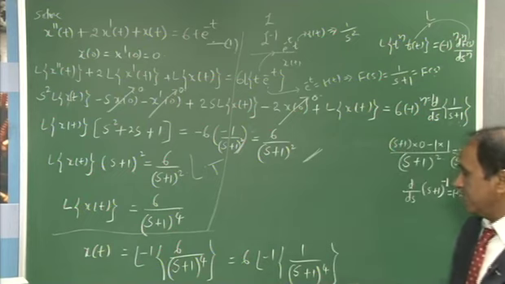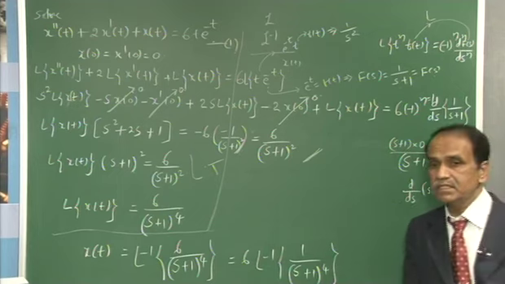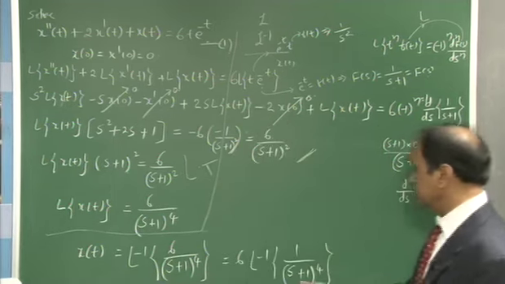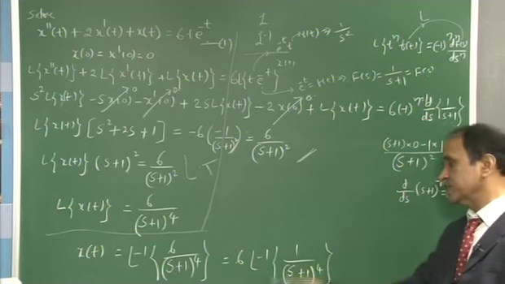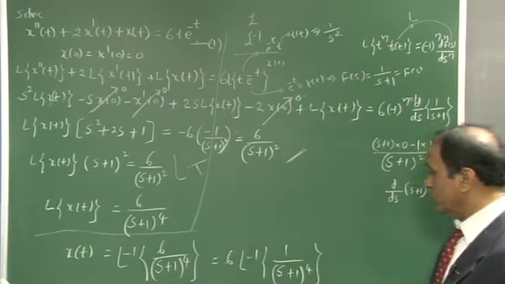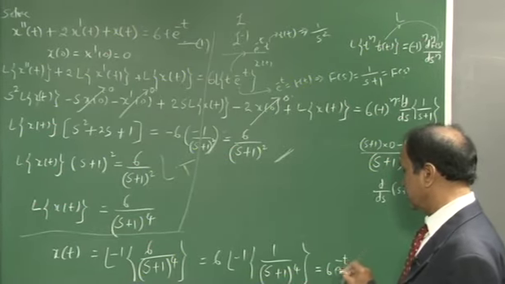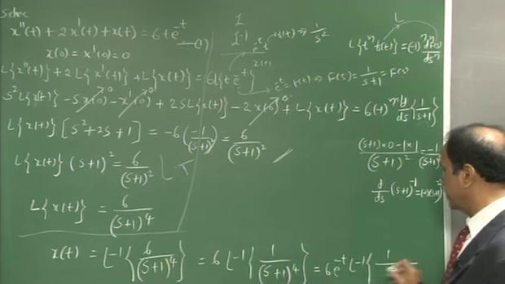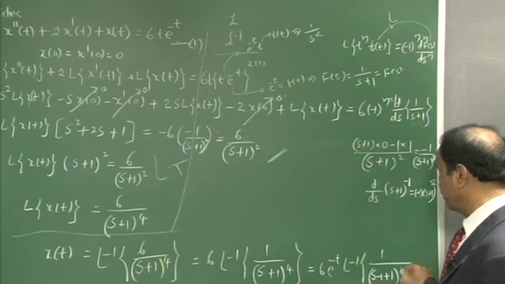So if you had 1 by s to the power of 4, immediately you would have written that is an algebraic term, third degree term, then applying Laplace you would get in the denominator a fourth degree term. Therefore, from third degree to fourth and fourth degree to third, you have to think about the exponential property application. What is that? Then that is equal to 6 into e to the power minus t and then L inverse of 1 divided by s, it is plus 1, whole to the power of 4.